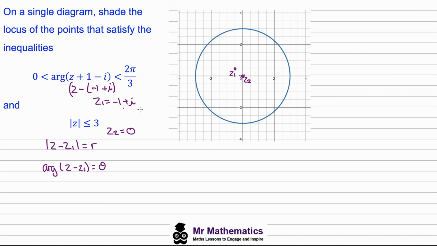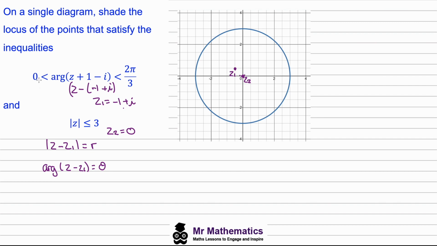Now we're told that the general point must be within 3 units from z2, so it must be within our circle. We're also told that the argument of z must be between 2 pi over 3 and 0 degrees in a direction parallel to the real axis.